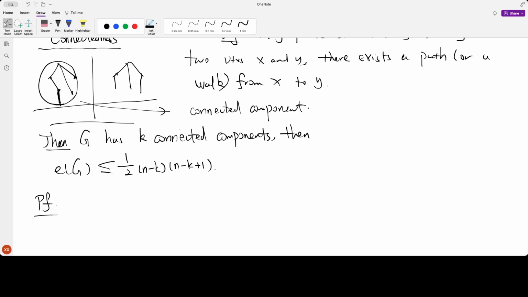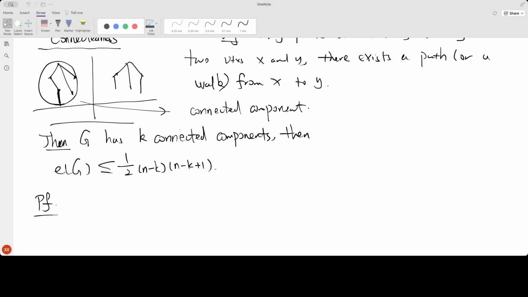Okay? So what happened? You can think a little bit about why you can actually estimate the size of the edge number of the graph. If the edge number is too much, then you can guarantee your graph cannot have k connected components.